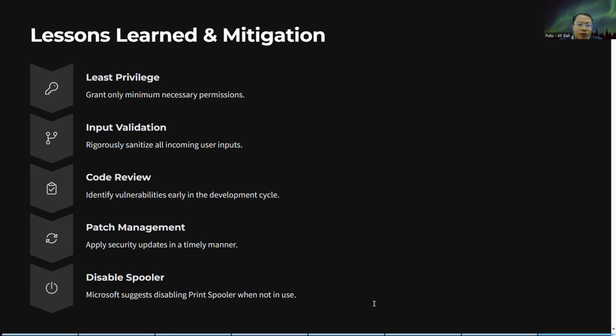Patch management, and disabling the spooler, which Microsoft suggests when it is not in use. So yeah, that's basically the problem here. The point is that as developers, we need to be careful and think about all the worst cases that can happen, and grant only the minimum necessary permission in our programs.